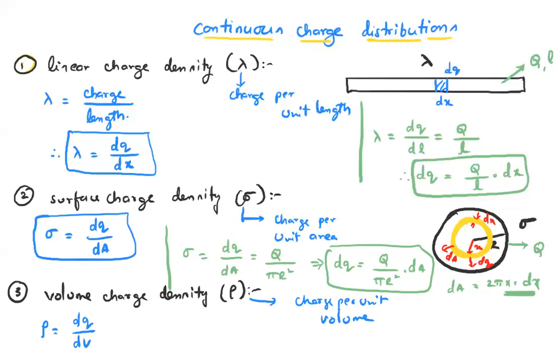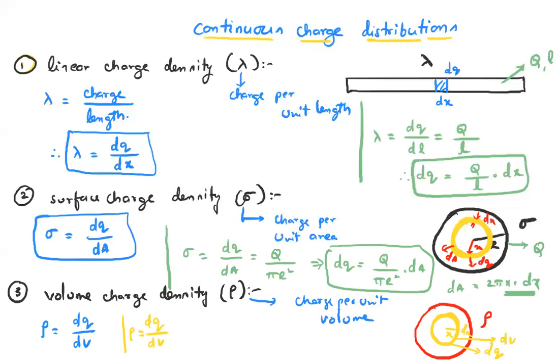Then consider a sphere whose volume is V and over which charge is distributed uniformly. Now we consider a sphere shell of radius x and thickness dx, and we calculate. The charge over it is dq and the volume is dv, so we can find rho as dq by dv.